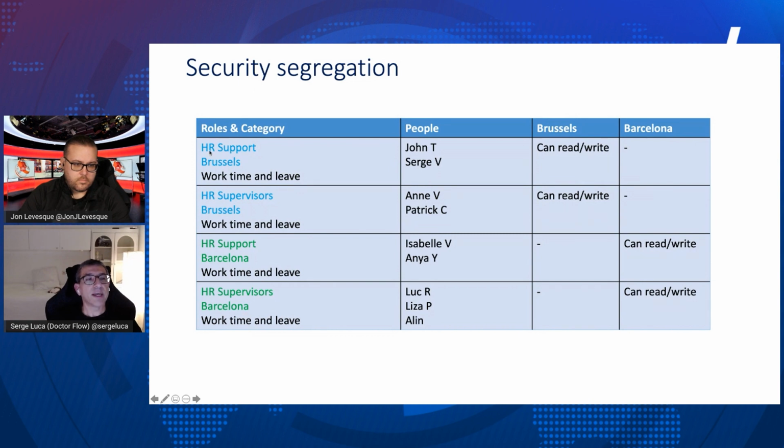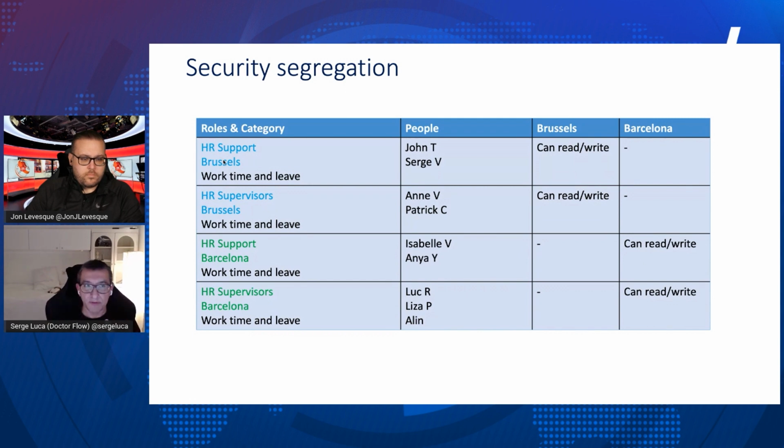So for instance, we have the HR support in Brussels and HR supervisor in Brussels. Same teams in Barcelona. That's different people. People in Brussels are not supposed to see what happened in Barcelona, right? So they are completely split for security reasons, for compliance reasons. So this is very important.